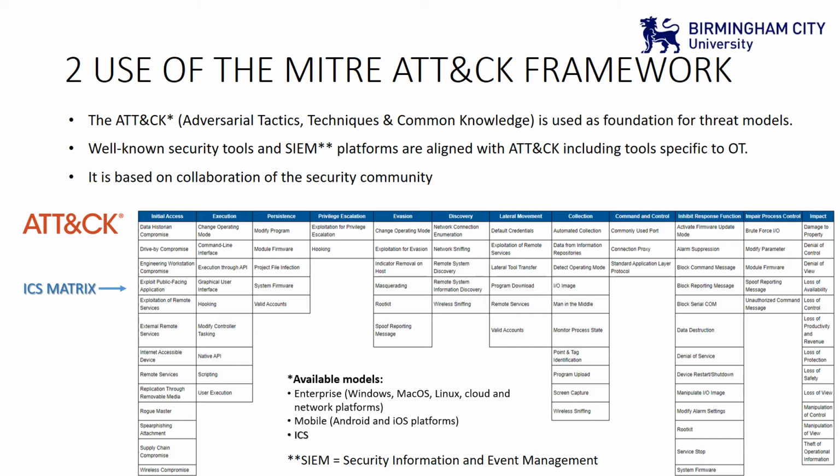The reason for this is that it's a well-known framework which corresponds to a very rich knowledge base on TTPs, tactics, techniques, and procedures, and it's also based on community collaboration in which many security experts in ICS, who have been doing research and finding ICS specialized malware in the wild and studying the different procedures, have collaborated in this model. Other available models for ATT&CK are the enterprise, the mobile, and the one we're basing this paper on, which is the ICS model.